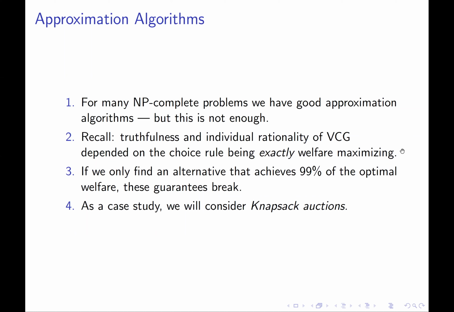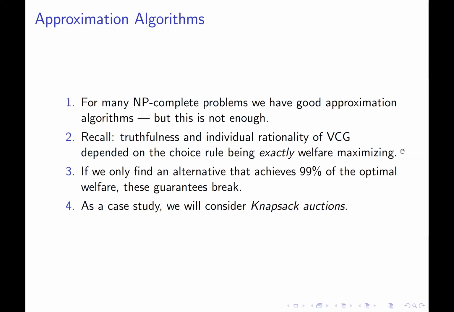So this is a whole field, and in general, whenever you have a welfare maximization problem that you cannot solve exactly, and therefore you cannot use the VCG payment rule, if you want to design a dominant strategy truthful mechanism, you have to think about it, and you have to design an approximation algorithm for your particular problem in a way that can guarantee truthfulness.